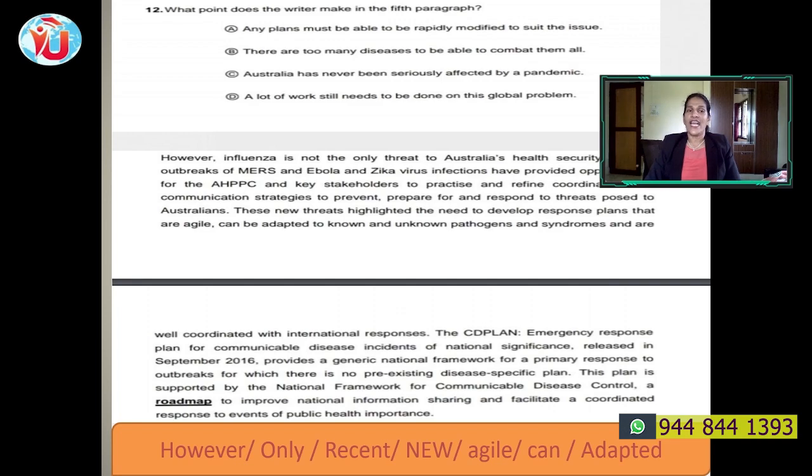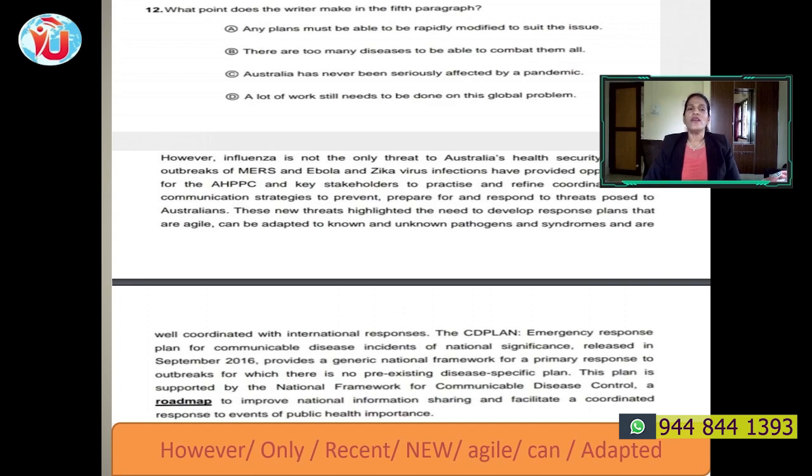You see, that are agile. Can be adapted. Can is a modal verb here. Adapted to known and unknown pathogens. Because any issue that comes, the plan you make need not be only for known species, but it should adjust to anything that is coming in. Okay, so the answer is any plans must be able to rapidly modify to suit the issue.